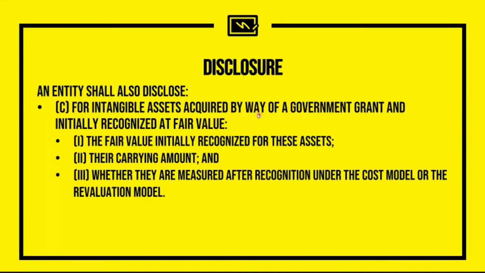Letter C, for intangible assets acquired by way of government grant and initially recognized at fair value, we need to make disclosures for the fair value initially recognized for these assets, the carrying amount, and whether they are measured after recognition under the cost model or revaluation model. So this is specific for government grants.